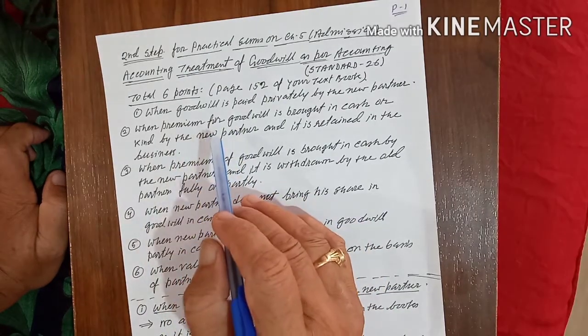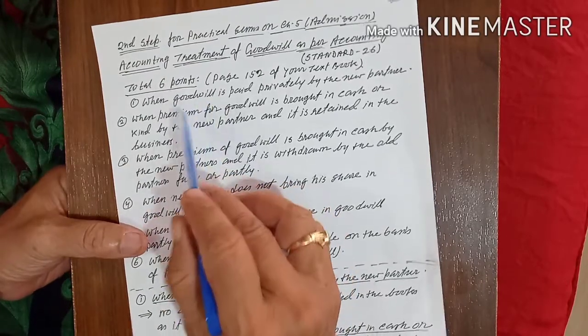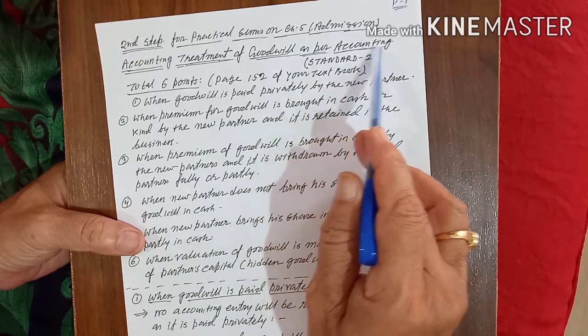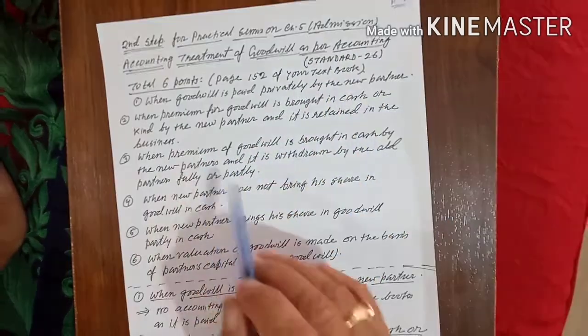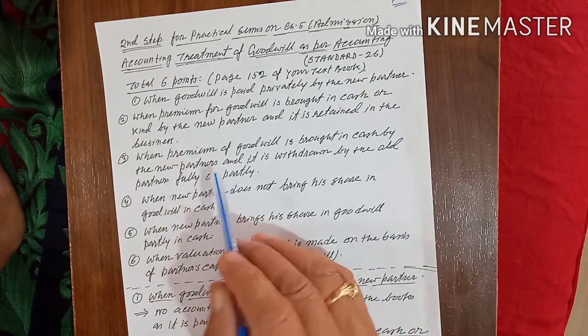Only 5% feel difficulty with this point, accounting treatment of goodwill as per Standard 26. So everyone try to follow this and understand the second point.